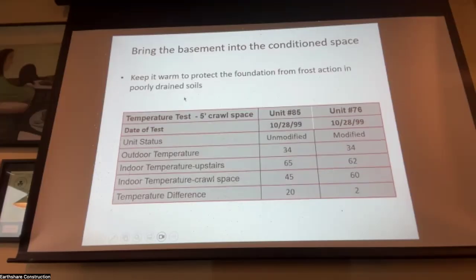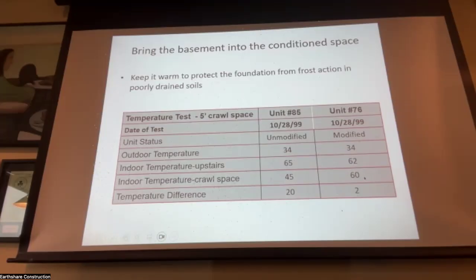So, and then here's another unit, this is a 5-foot crawl space. Indoor temperature was 45, this was in October. And it was 60 inside, these were unconditioned crawl spaces.